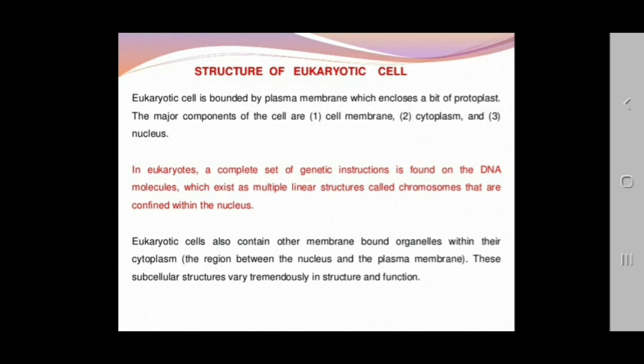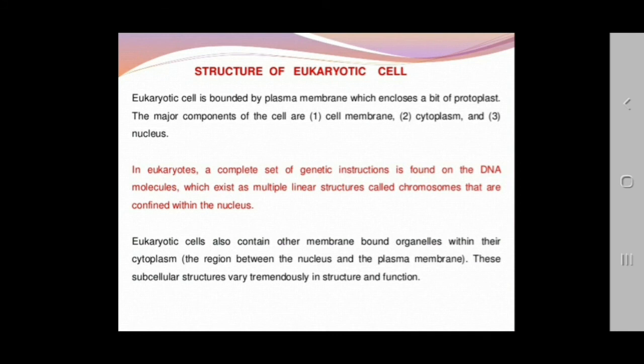The eukaryotic cells also contain other membrane bound organelles in the cytoplasm. These components are again membrane bound, including either a single membrane or a double membrane. Okay. These subcellular structures vary tremendously in structure as well as in function. They have various structures and various functions in the eukaryotic cell.